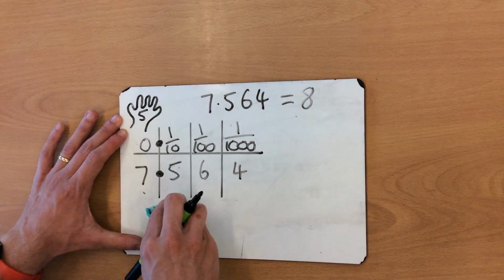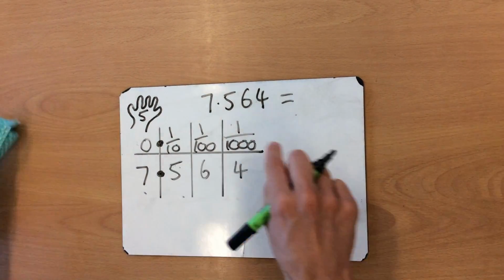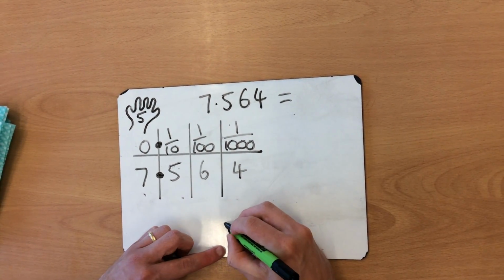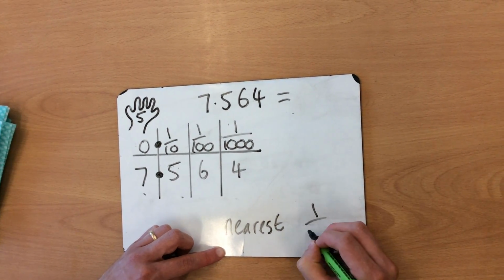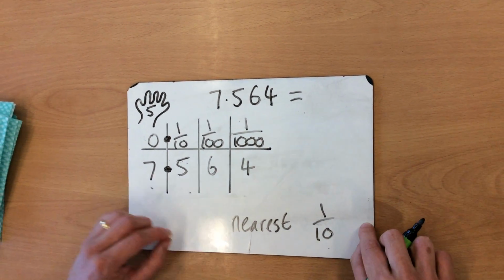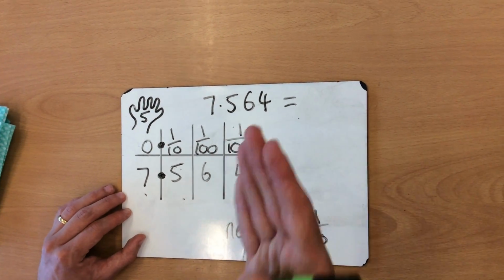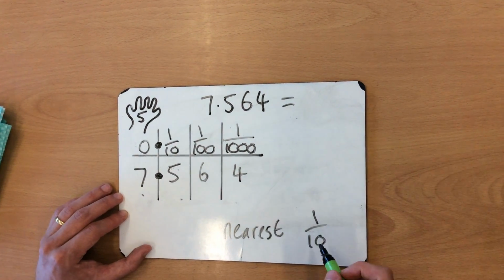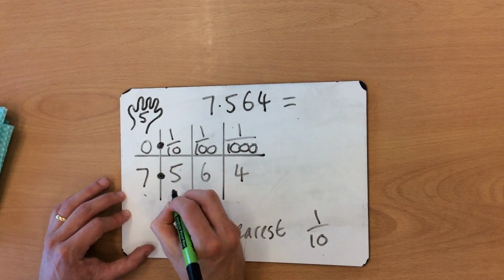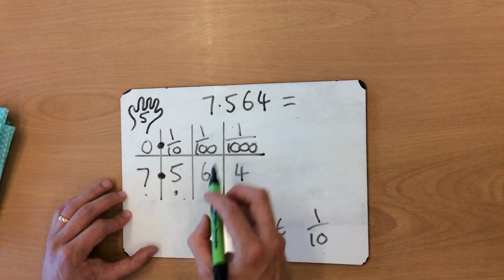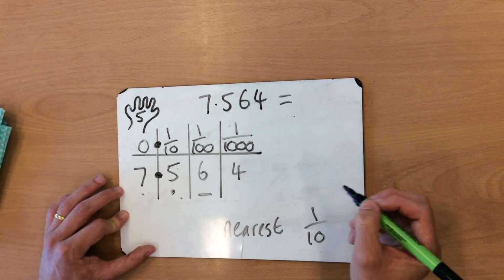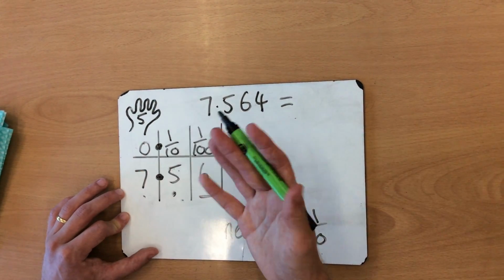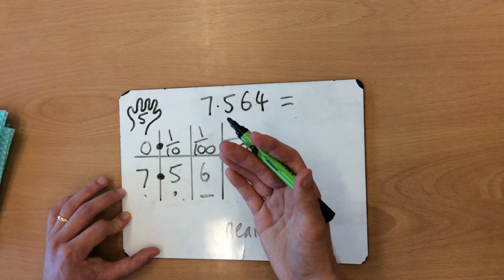I'm going to rub these off now, because I'm going to show you how to round this decimal to the nearest tenth. I'm going to write tenth as a fraction, okay? To the nearest tenth. But you do the exact same method. I'm working with tenths, so I'm going to draw a dot underneath my 5 in my tenths place value. Who's the next door neighbour? I always go to the right. My next door neighbour in the hundredths place value is 6. Look at my high 5, 6. Do I round up or round down?